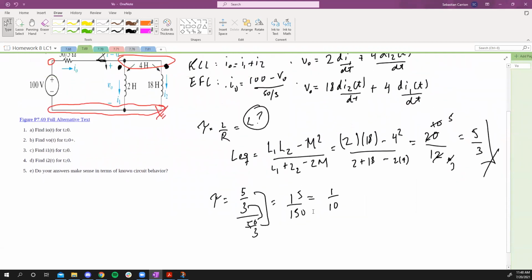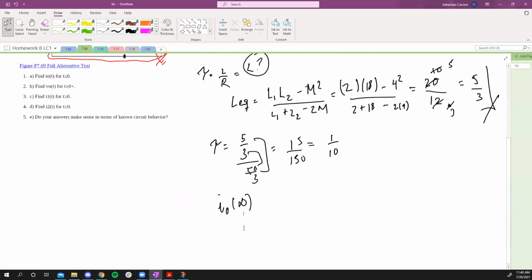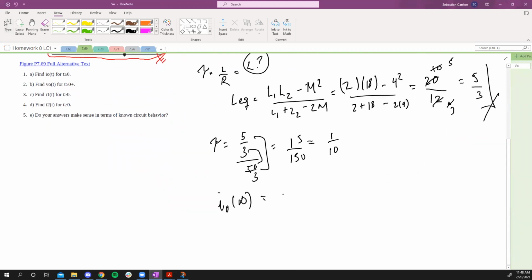Now we want to find our I naught at time infinity, which would be 100 over 50 over 3, which is 6.